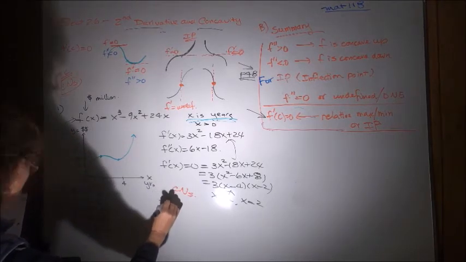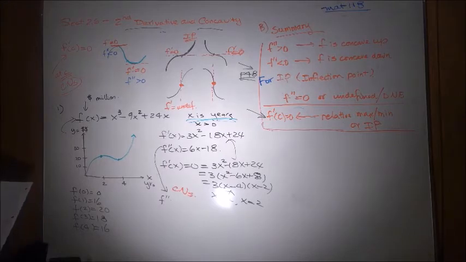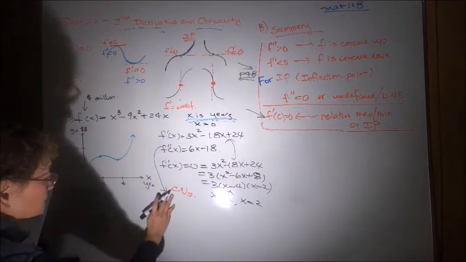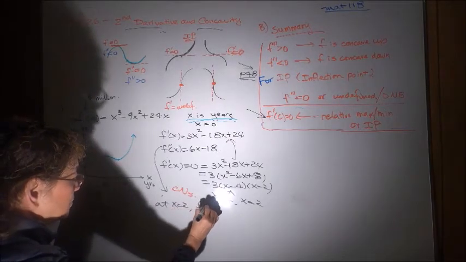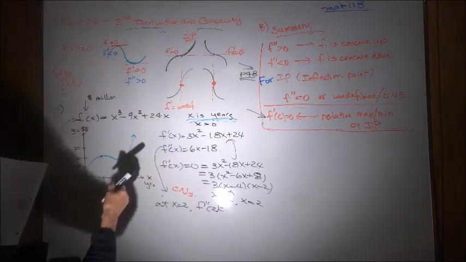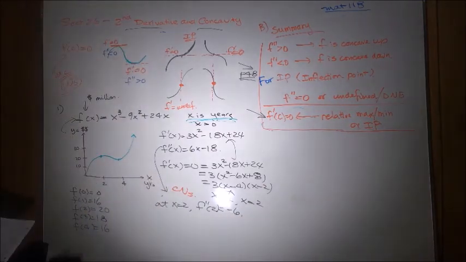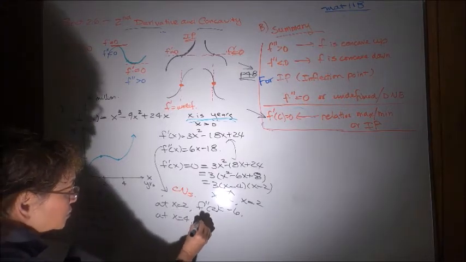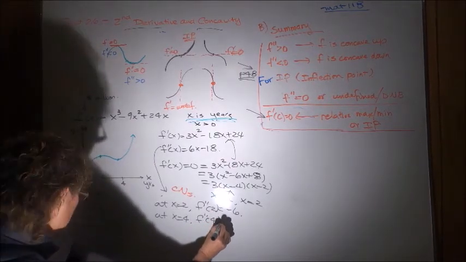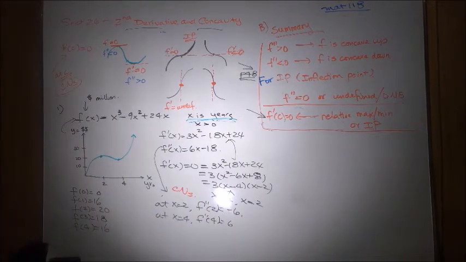So you do the second derivative at the point year 2. Your f double prime of 2, you plug in here. That would be what? -6. Okay? At x equals 4, your f double prime of 4 would be what? 6. Then we have to see what will happen.